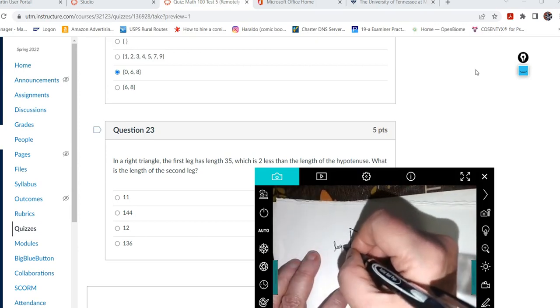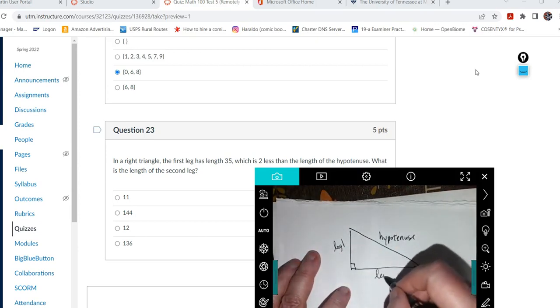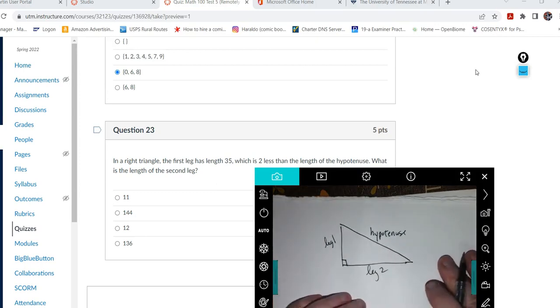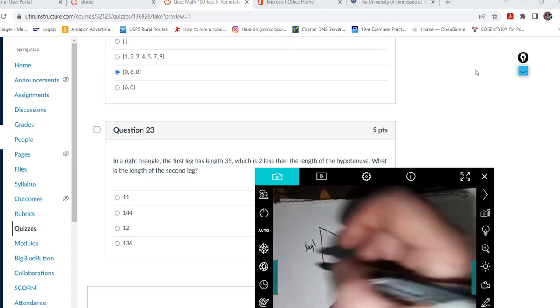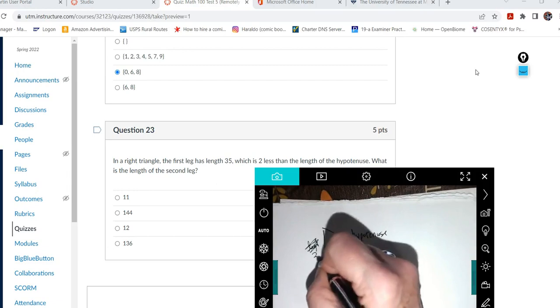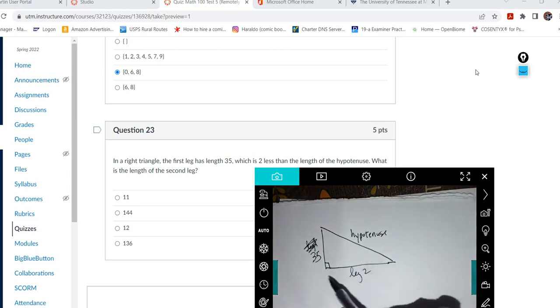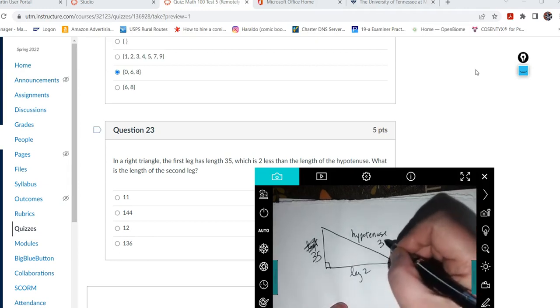So leg 1 and leg 2. Okay. All right, now the first leg, and it didn't matter which one I called leg 1, it has length 35. Okay. And that's 2 less than the length of the hypotenuse. So the hypotenuse has length 37.